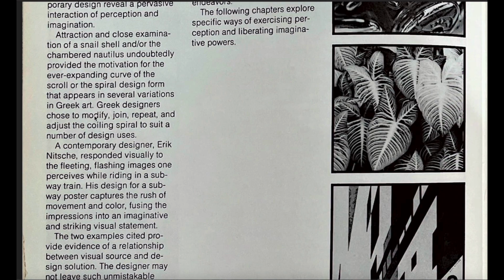And the Greek designers chose to modify, join, repeat, and adjust the coiling spiral to suit a number of design uses. So they're pulling from nature. They're using that pure vision. They're seeing the beauty, and then they are taking those elements and applying it to their designs.